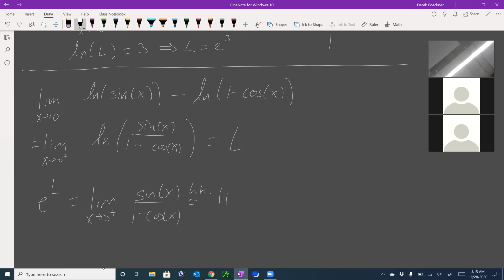This is the limit as x goes to 0 plus of the sine of x goes to positive cosine of x. The cosine of x goes to the negative sine of x.